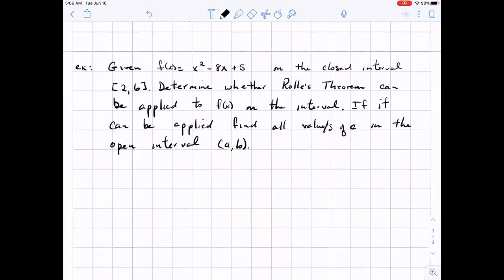So let's see if it can be applied. The first part is to determine if Rolle's theorem can be applied to f(x) on the interval.